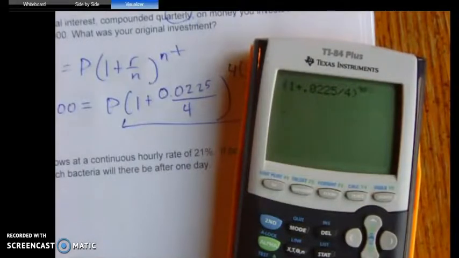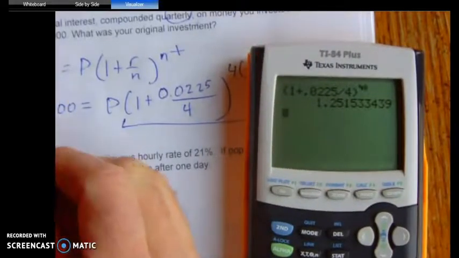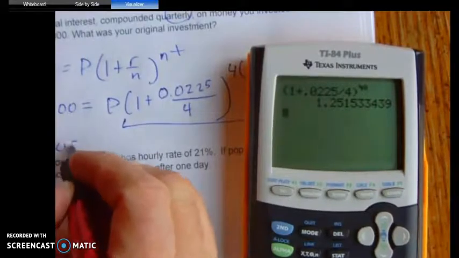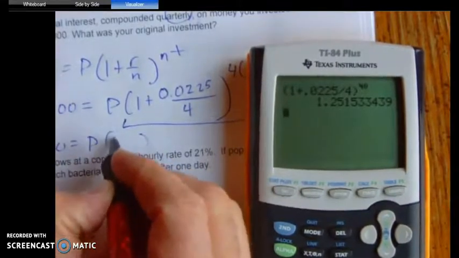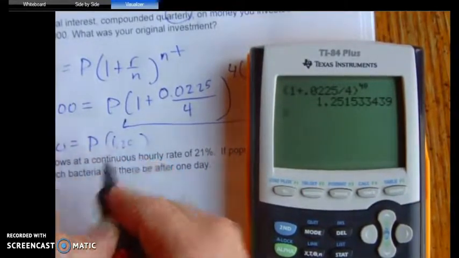And so that gives me 2,000 is the same as P times 1.252.